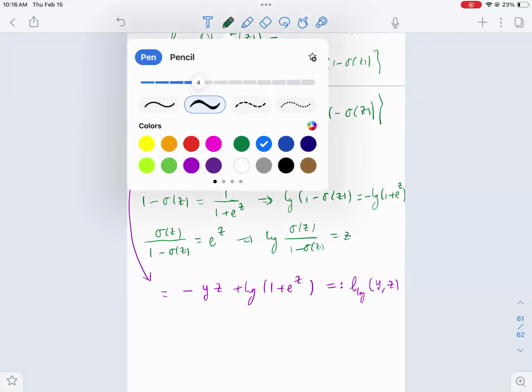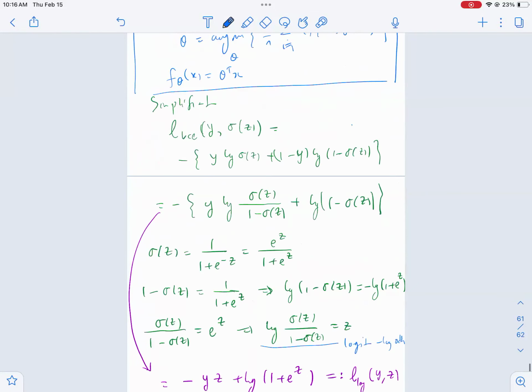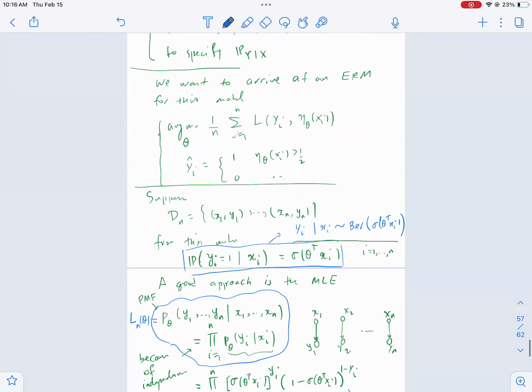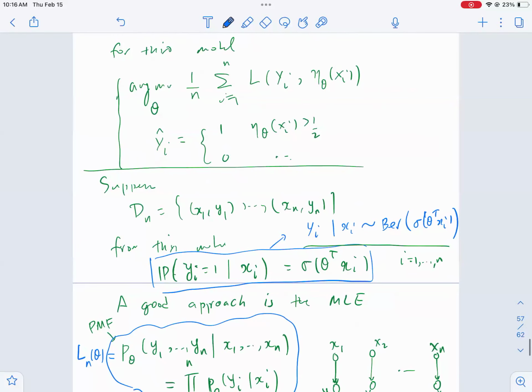So logit or log odds. And in fact, if you go back up, you can see that in logistic regression, the log odds is what we found to be just theta transpose xi.